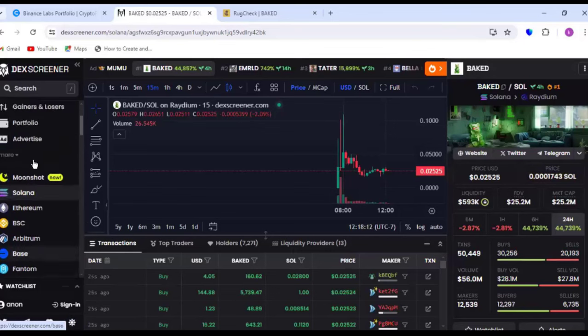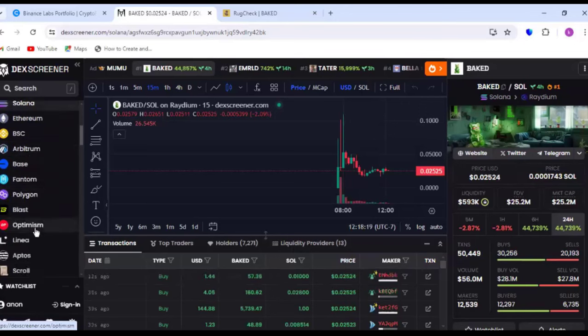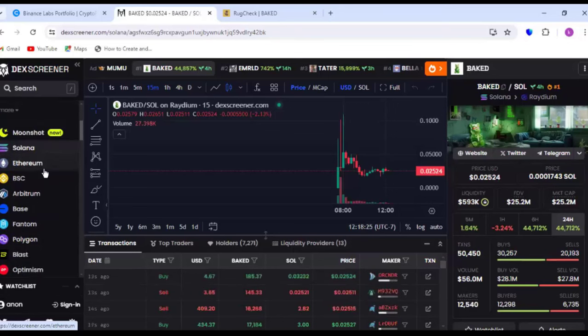I want you to understand that the arrangement here is not random. It is actually based on liquidity inflow. Right now, we have more inflow of liquidity into the Solana chain, followed by the Ethereum chain, followed by the BSC, then Arbitrum.